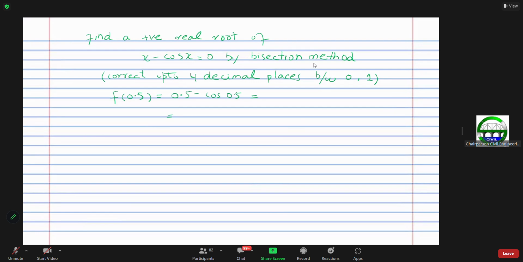Okay, now 0.5 minus cos of 0.5. Okay, yes. So actually it is not mentioned whether you have to choose degrees or radians, so we can solve it both ways.